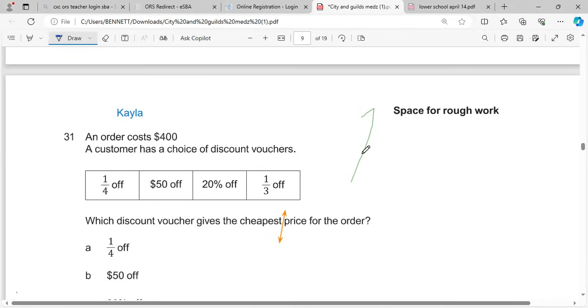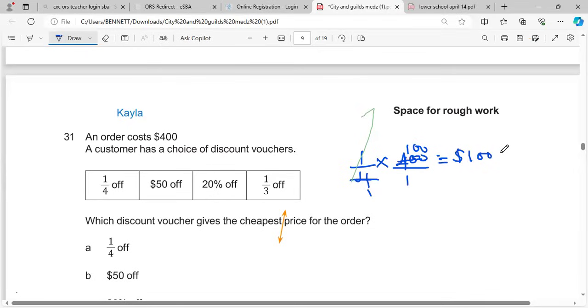A quarter multiplied by 400. You see what can go into 4 and 400, and that's 4, and 4 multiplied by 4 into 400, that's 100, and you multiply 100 by 1, and that gives you $100. So for the first voucher you'll have to pay $300.